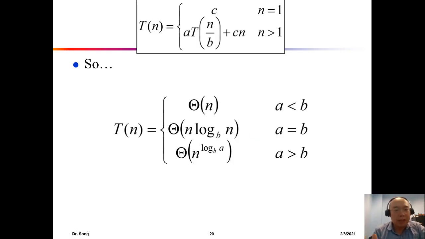By the way, merge sort is this case, so that is a log linear algorithm. And when a is greater than b, we will have a theta n to the log base b of a algorithm. So those are the total 3 cases.